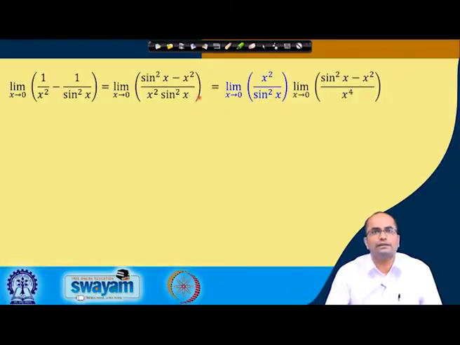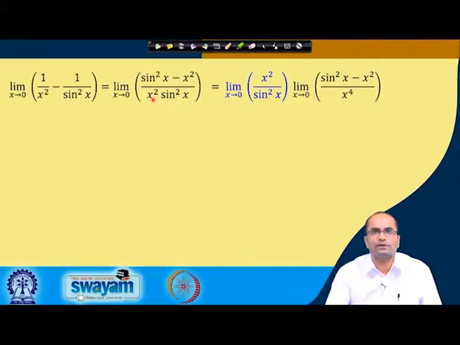So, before we apply the L'Hopital rule, we just rewrite this expression in this form. So, we take 1 over x square there and divide by 1 over x square here. So, this x square and sin square term together, and then the rest here sin square x minus x square.